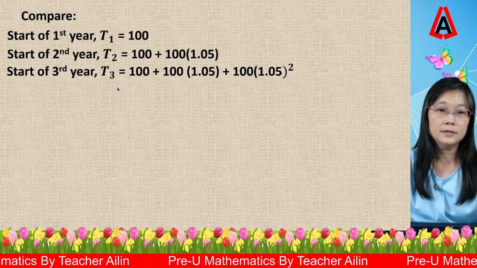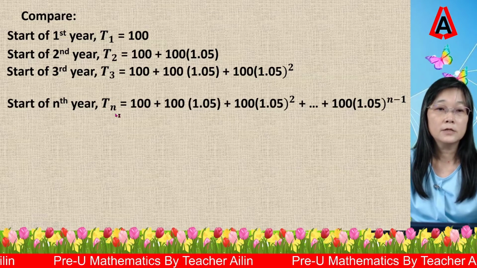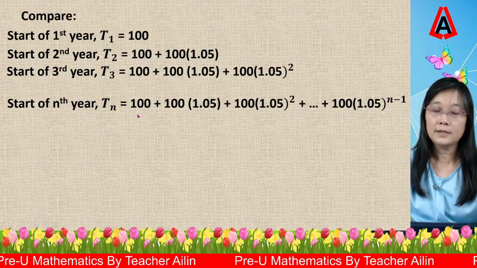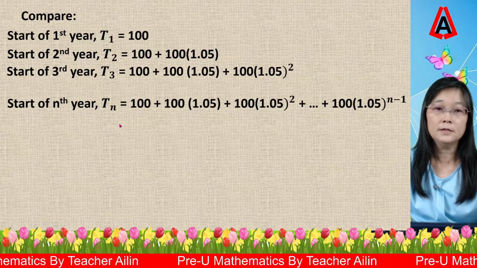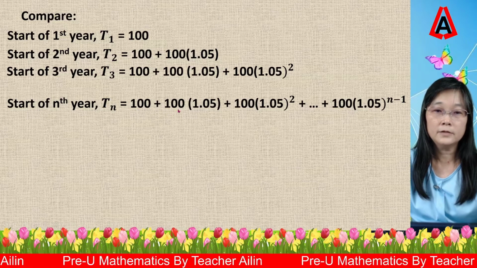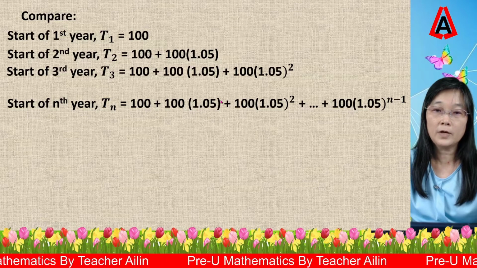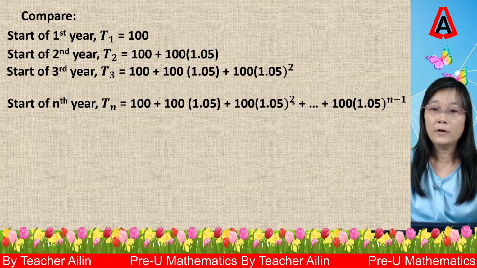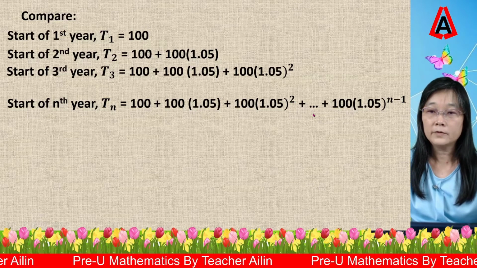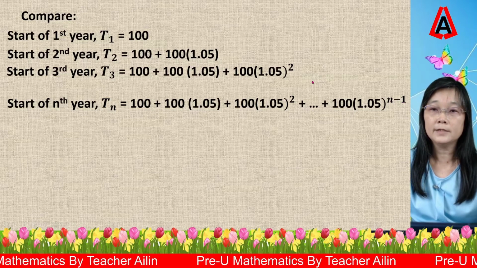Then we continue up to n years. So I can predict that at the start of year n, the total investment is 100 plus 100 times 1.05 power 1, followed by power 2, followed by power 3, up to power n minus 1.